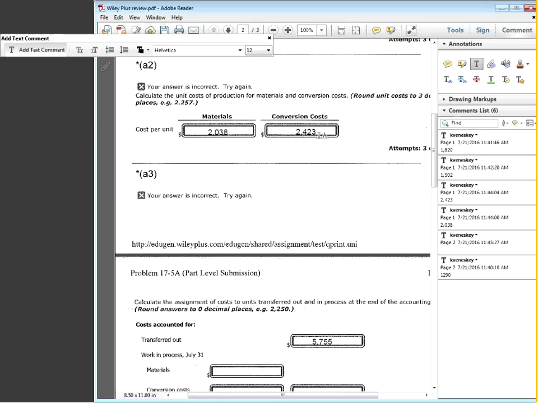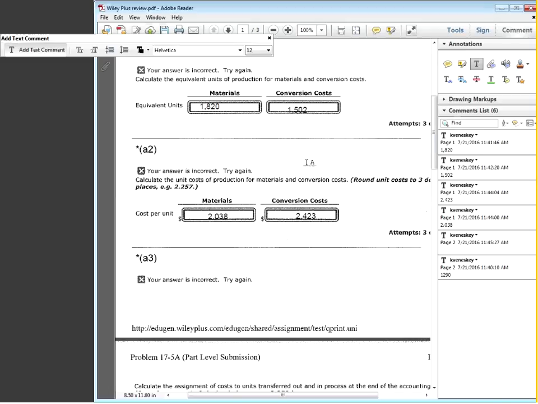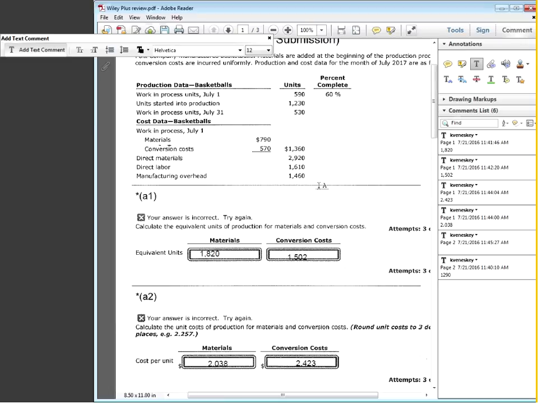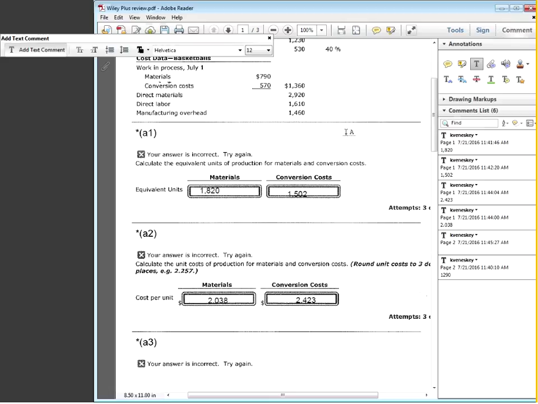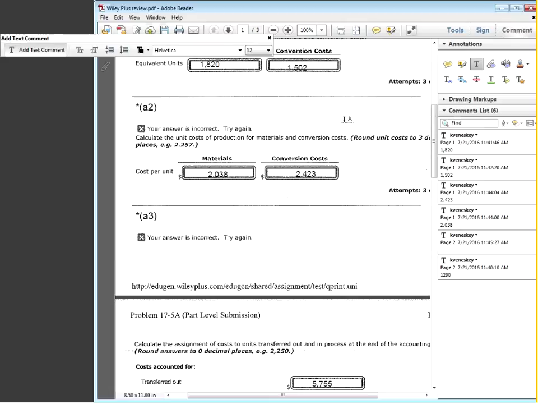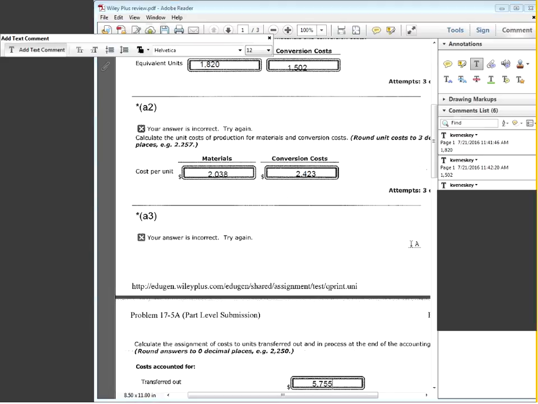Now, how much cost then do I still have in my ending inventory? Well, how I want to do this is I want to take my total cost again.